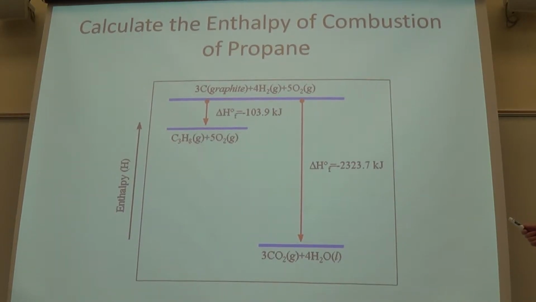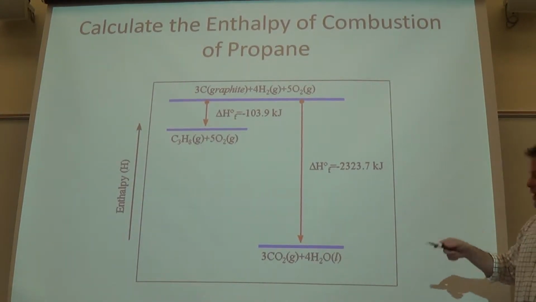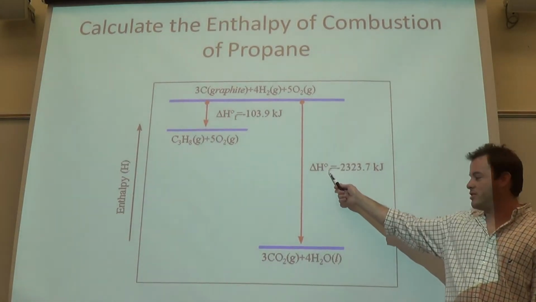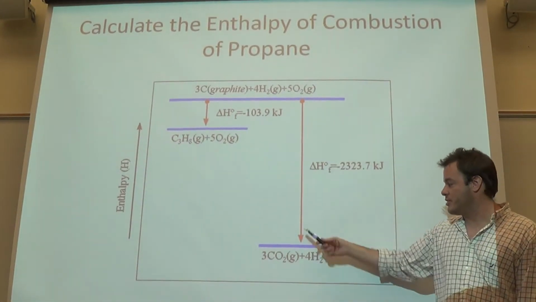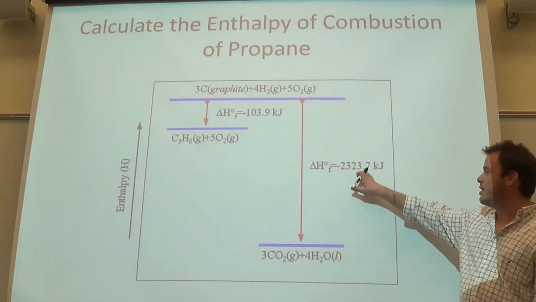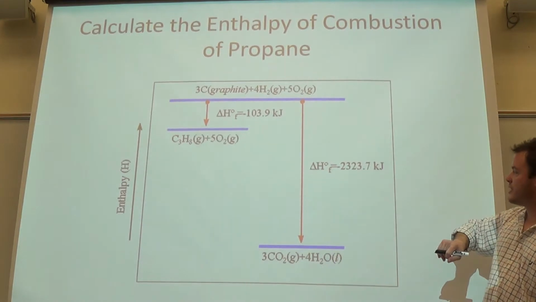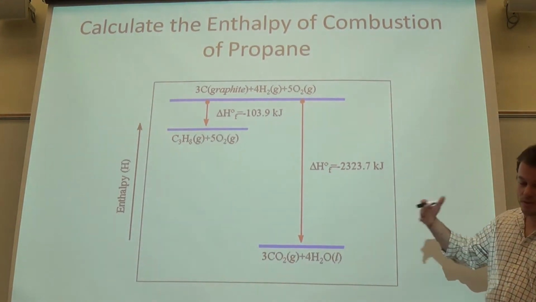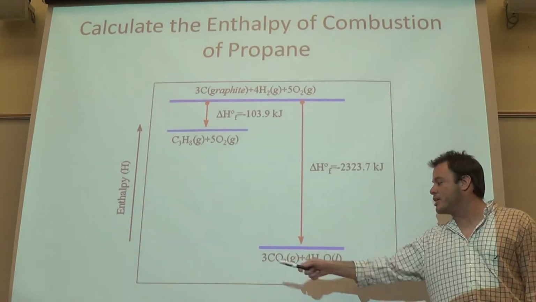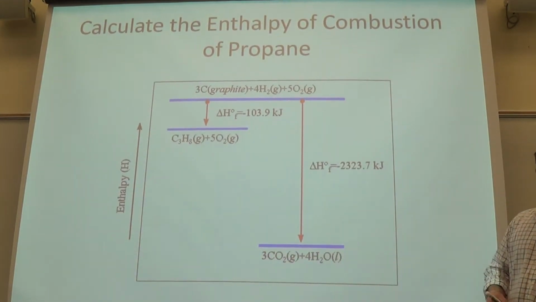Yeah. So this one's a little confusing, I have to apologize. This total delta H of formation includes the formation of 3 moles of CO2 and 4 moles of H2O. And so this number, the negative 2,323 kilojoules, is the sum of the enthalpy of formation of 3 molecules of carbon dioxide and 4 molecules of H2O.